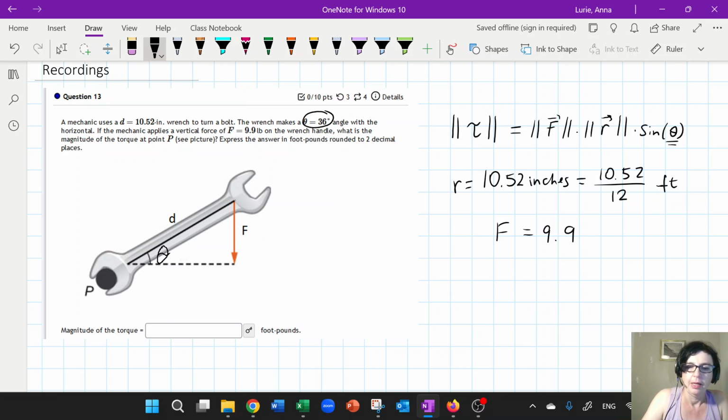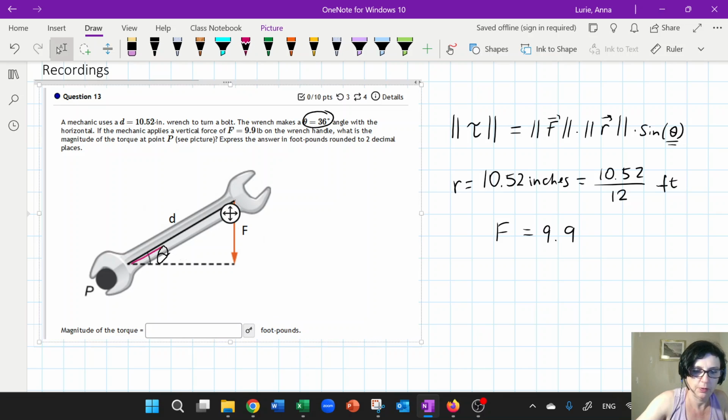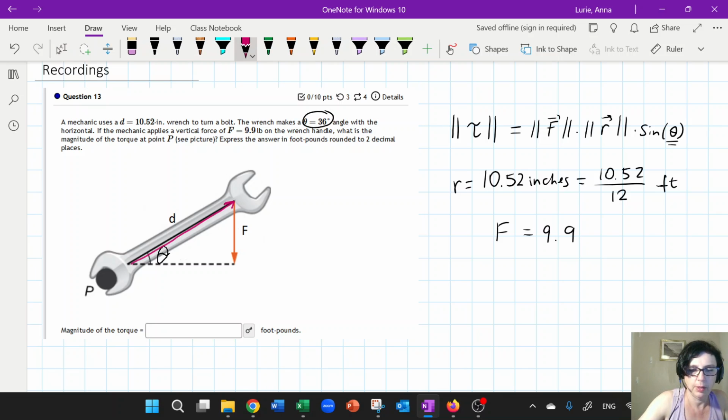What we're trying to do is find the angle between this vector right here, and this vector right here. The angle between the D that they call it and F is really this angle right here, and that's not that. The connection between them is that they add up to 90 degrees because this is a right triangle.